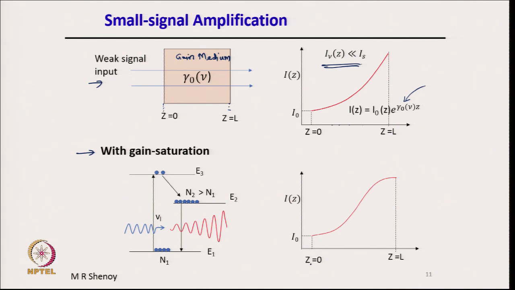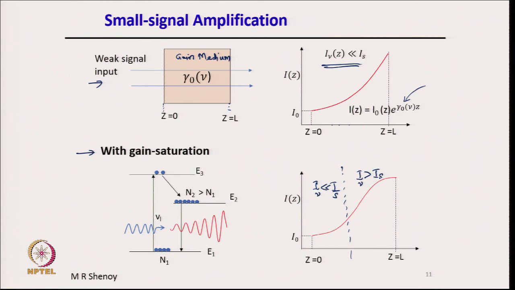That is why it is called gain saturation. In the intensity variation through a medium, initially here I nu is much less than I s, and here I nu is greater than I s.